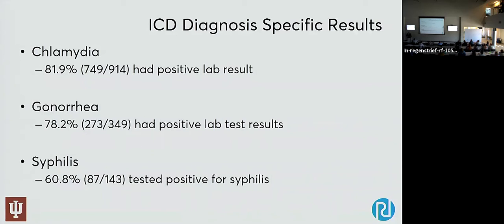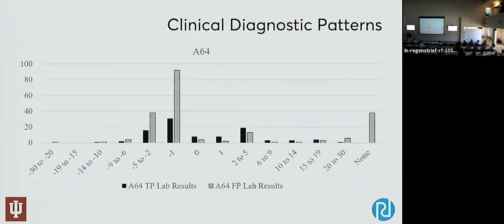So to dig into this further, we wanted to look at the time frame of when the ICD-10 diagnosis was occurring with respect to the laboratory testing. So if we look at the A64, which is the unspecified STD, in the black, those are the ones where there's true positive lab results, and then the gray shaded ones are where we have false positive lab results.